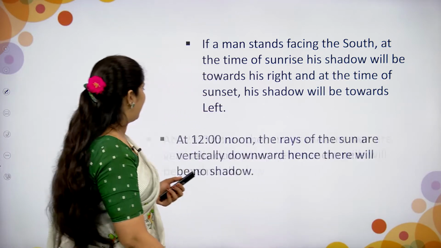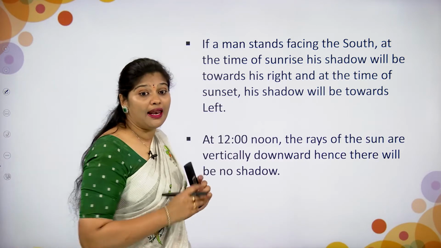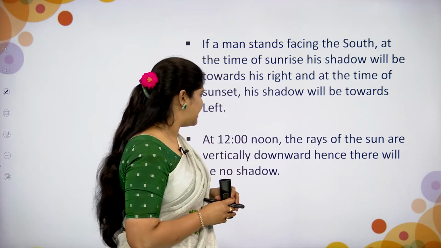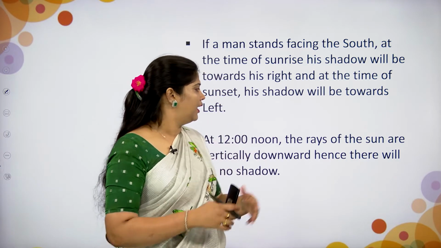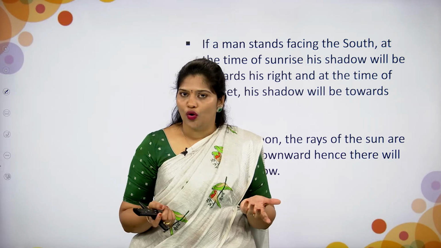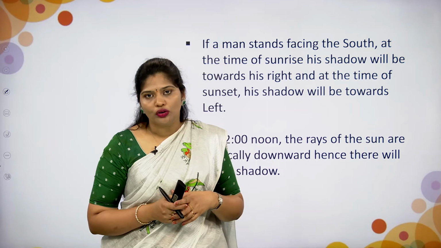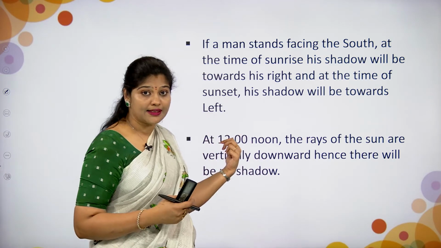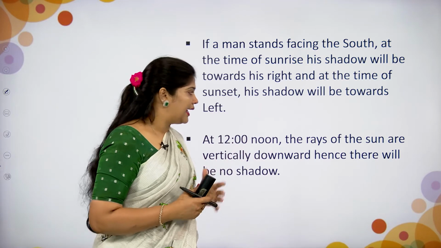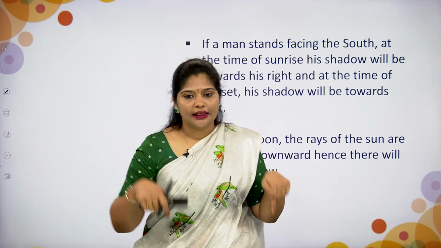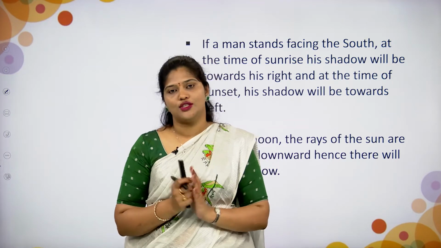Okay children? Next, at 12 noon, in the afternoon, the rays of the sun are vertically downward, hence there will be no shadow. In the afternoon time, whether sunrise or sunset, afternoon is 12 noon, the rays of the sun are vertically downward, hence there is no shadow.